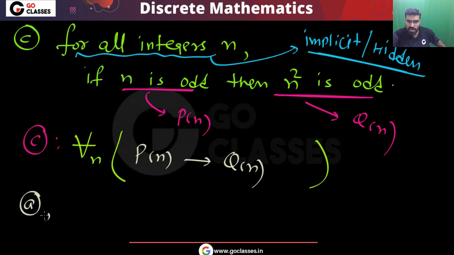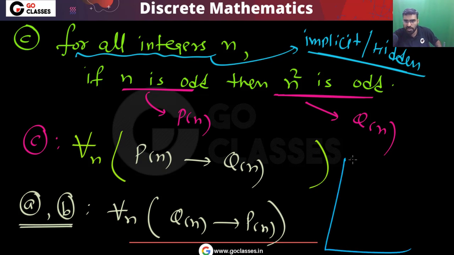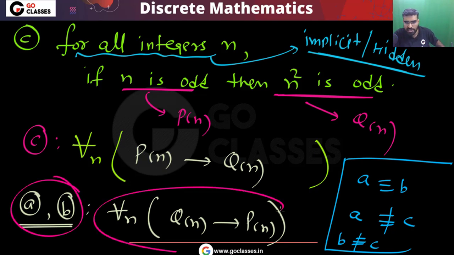But what are option A and option B? Statements A and B are: for all n, Qn implies Pn. From here you can easily notice that statement A is equivalent to statement B, and they are not equivalent to statement C. Statement A is not equivalent to statement C. Similarly, statement B is not equivalent to statement C. A and B are equivalent because they say for all n, Qn implies Pn, but statement C says for all n, Pn implies Qn.